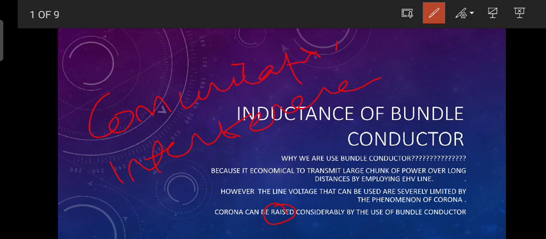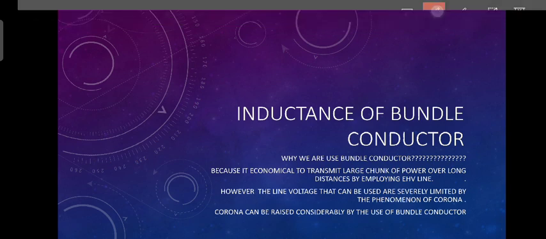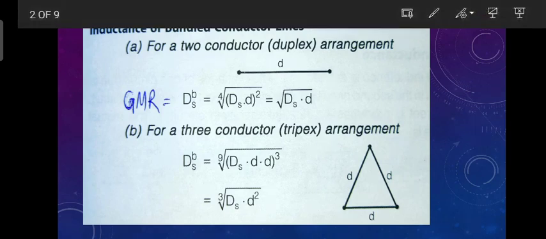In the next slide we will see all the types of bundle conductor. Let's see here, there are two conductors. This is one conductor and this is another conductor, placed at a distance d, and this is called our bundle conductor.